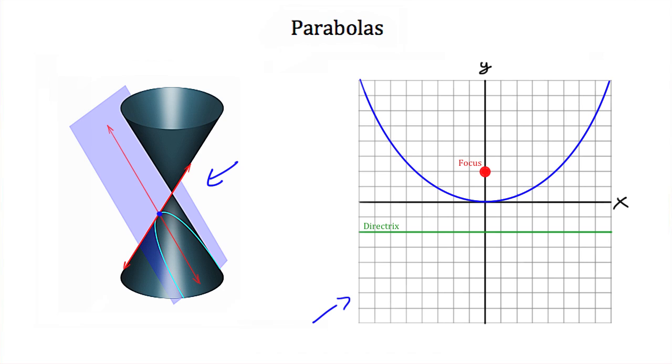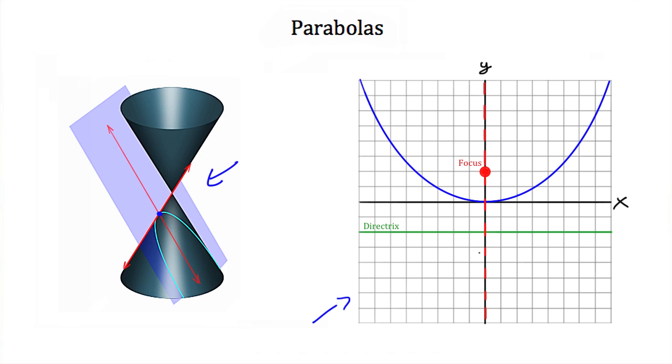Now, every parabola has both a focus and a directrix. A focus is a point, and it's always inside our parabola, and our directrix is a line, and it's always outside of our parabola. Every parabola also has an axis of symmetry.